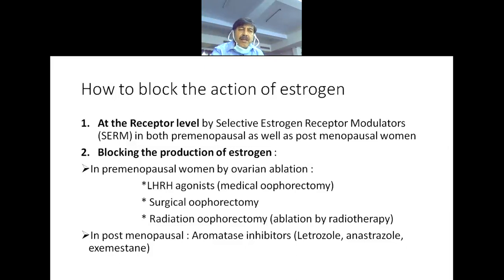So these are the three methods of ovarian ablation by which estrogen production can be blocked. Now in postmenopausal females, we can use aromatase inhibitors to block the production of the estrogen.